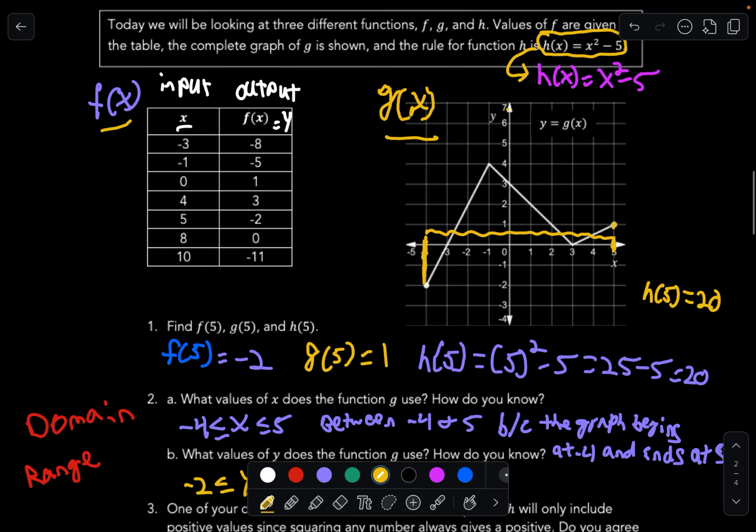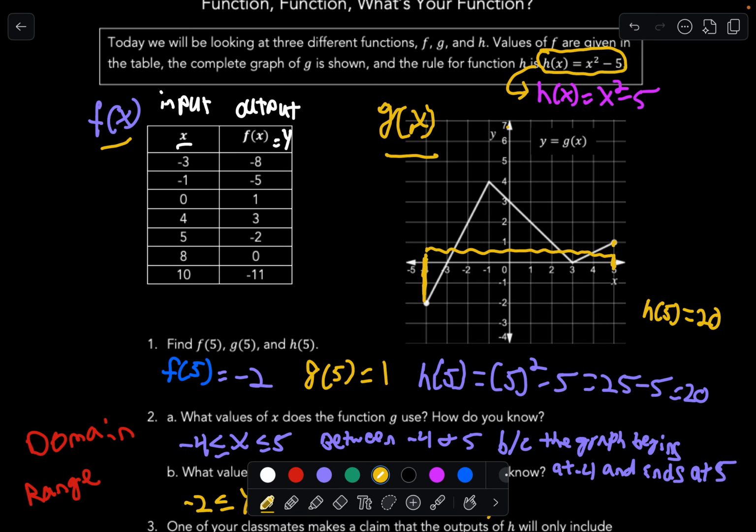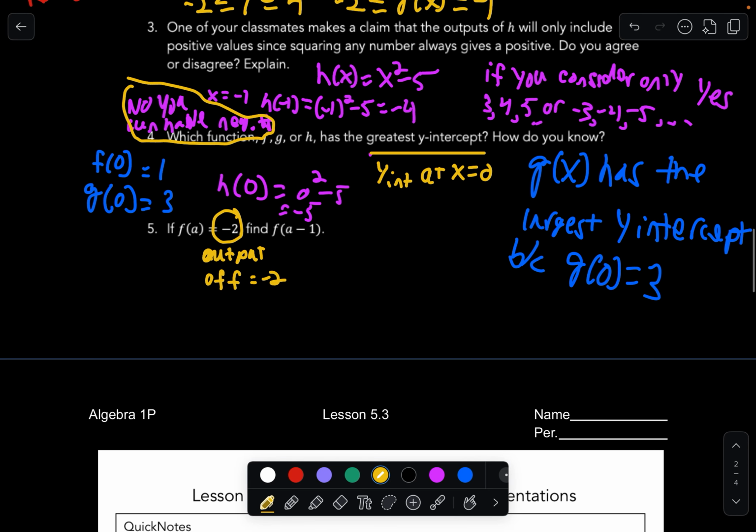And so you have to go back to the table, and you better hope that there's an output that's -2, and there is right here. When a is 5, you get an output of -2. So we know f of 5 equals -2.